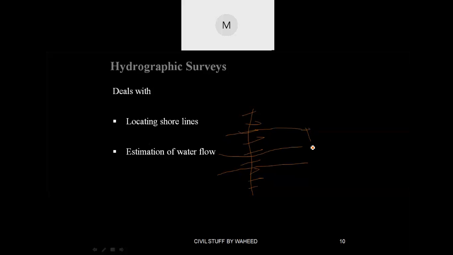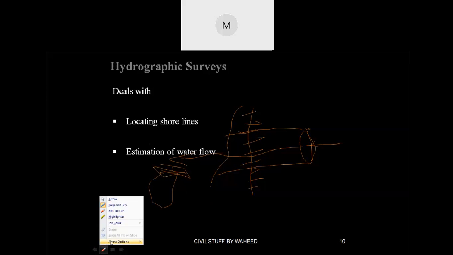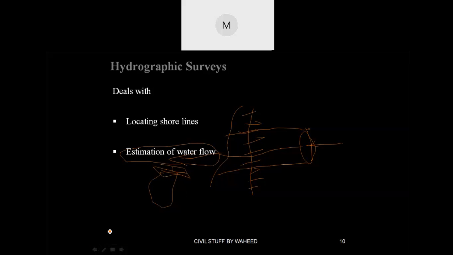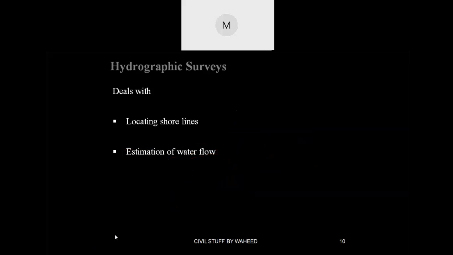They will calculate the capacity at this particular place, and they will know the inflow. And what about outflow? How many dam gates are opened? Each dam area multiplied by the depth of flow from the top, you will calculate. Based upon that you get the quantity of water. That is nothing but estimation of water flow. So this is regarding your hydrographic survey.